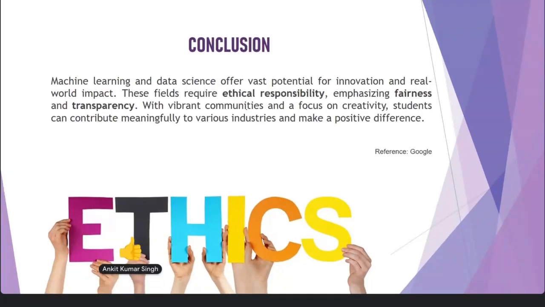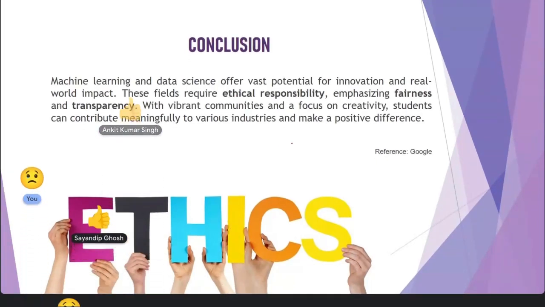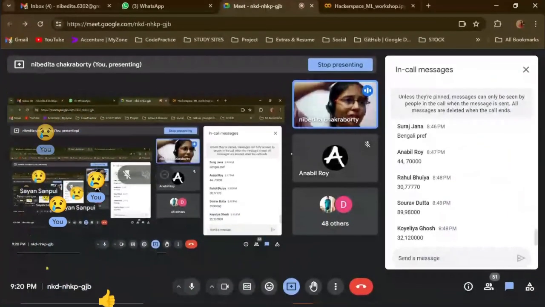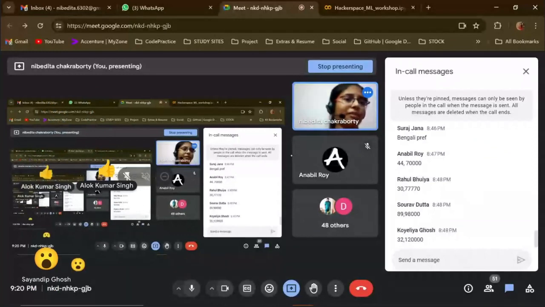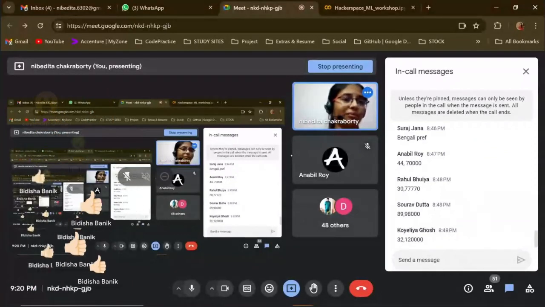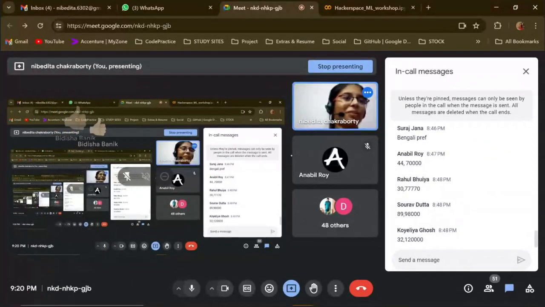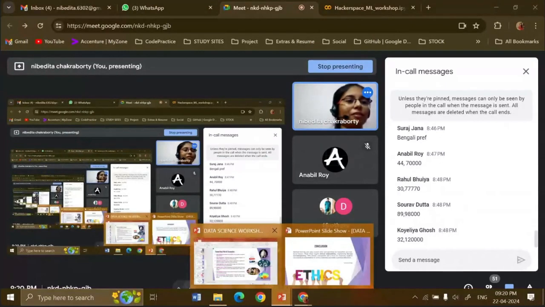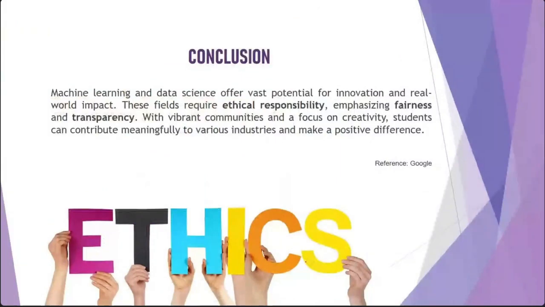You are not supposed to hack your friend's social media account. You are supposed to be ethical, responsible, fair, and transparent.